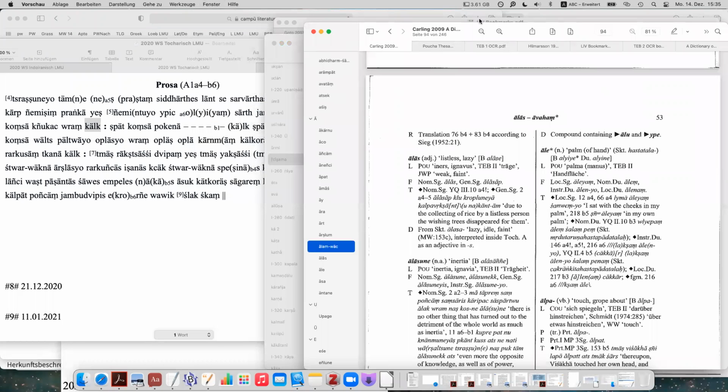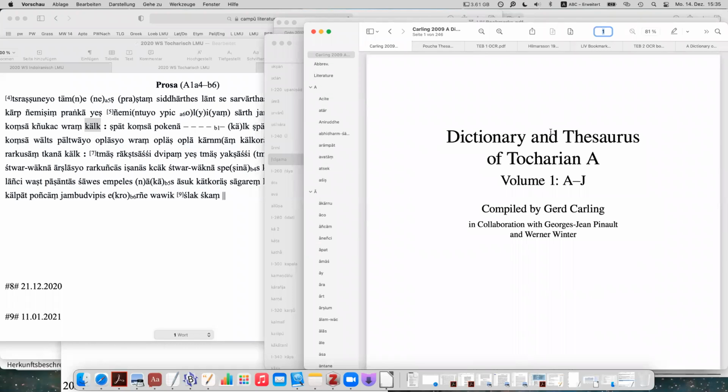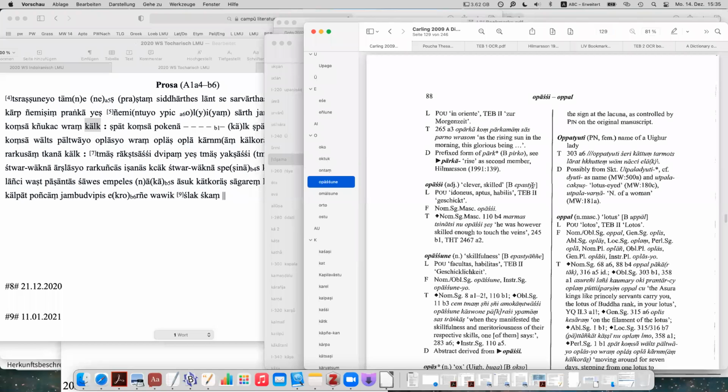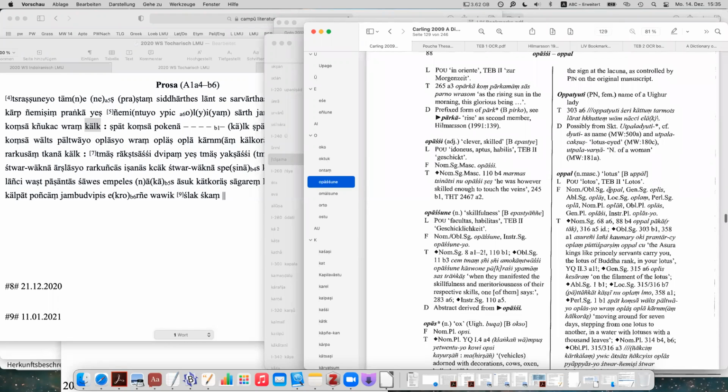So we can use a dictionary by Kalin, which contains, of course, words starting with a vowel. Yeah. So opla, I find it here. It means lotus. It's called opar, but sometimes you have a simplified p here.